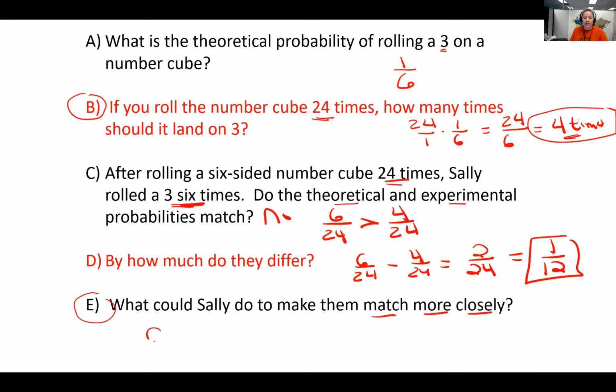Well, you can always conduct more experiments. It's been proven that the more experiments that are done in probability, the closer the experimental and the theoretical probabilities will match each other. The more experiments you do.